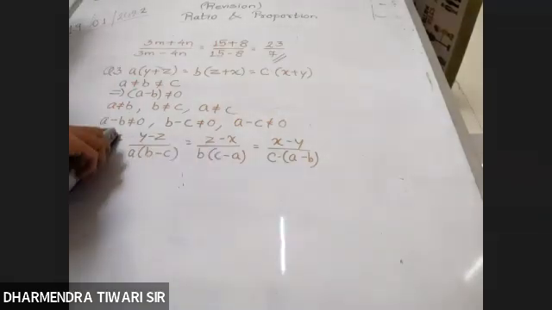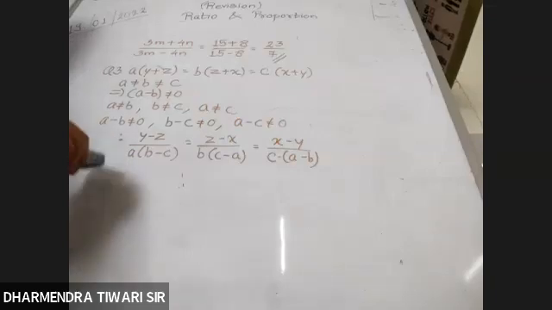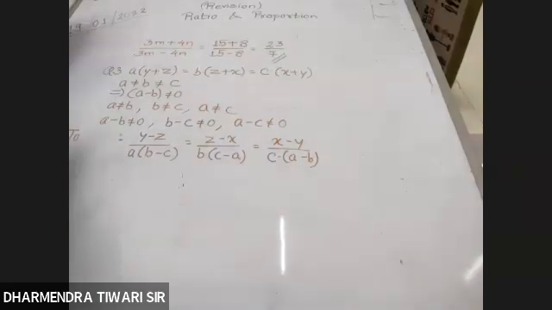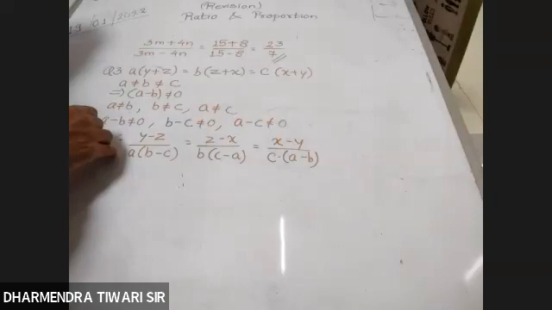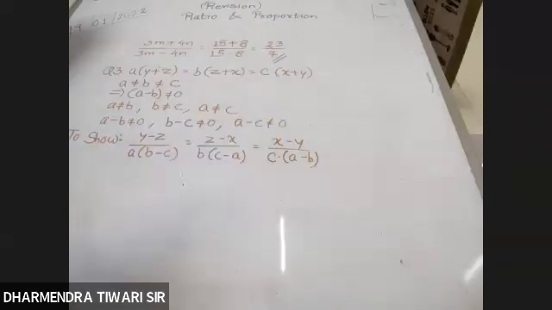We need to show that each ratio is equal. If we show this, we are through. So by using this condition, we need to derive y - z.